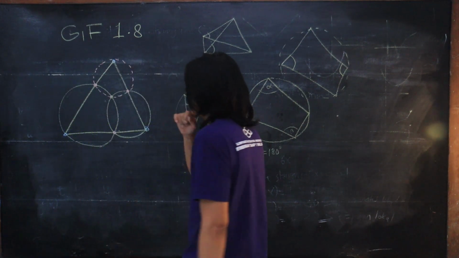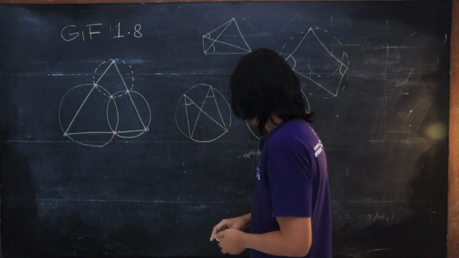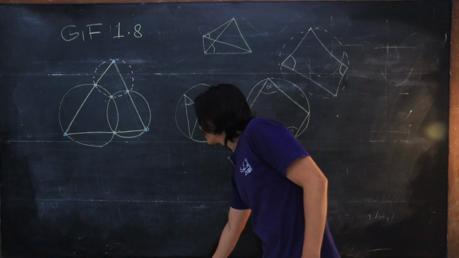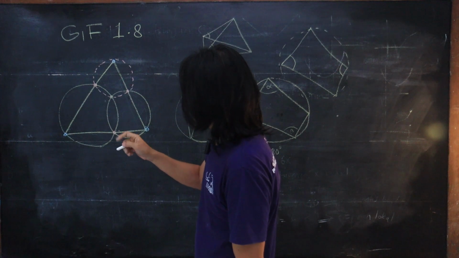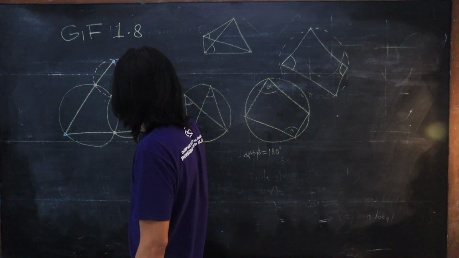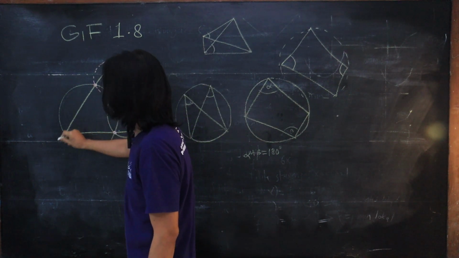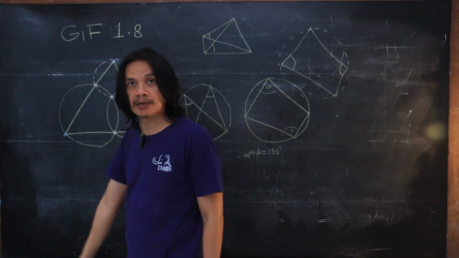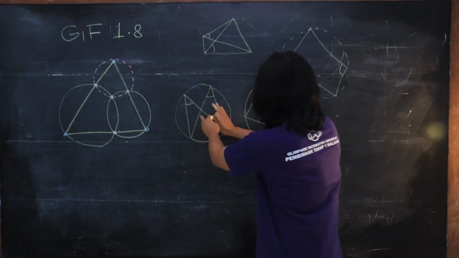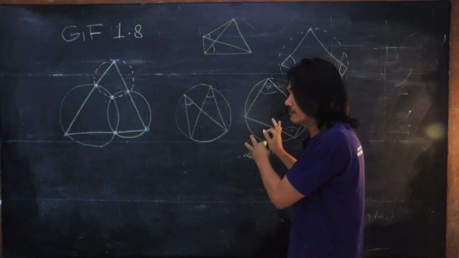So let's continue with the problem. Notice first that these 4 points belong to that same circle. So we have this result and we also have that result.